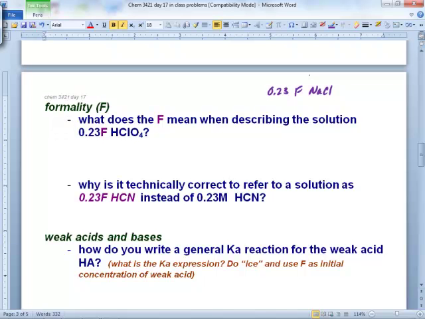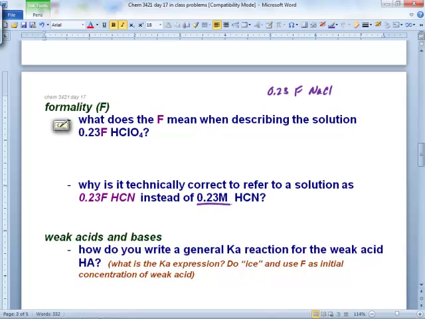It's kind of good and it's kind of confusing. In something like this top one, I think it's kind of confusing. But why does big F make sense for 0.23 formal perchloric acid? Because it's a strong acid. Does HClO4 even exist? No. So F is the idea of, well, let's jump down to this one. 0.23, especially here it makes sense because we're used to this full systematic treatment.